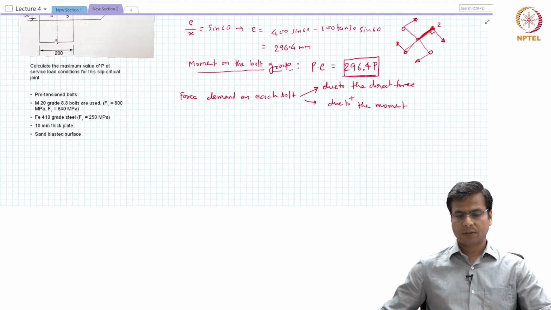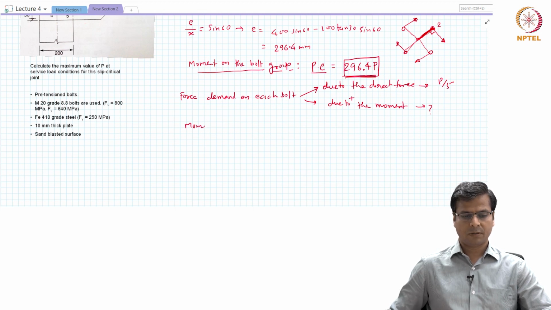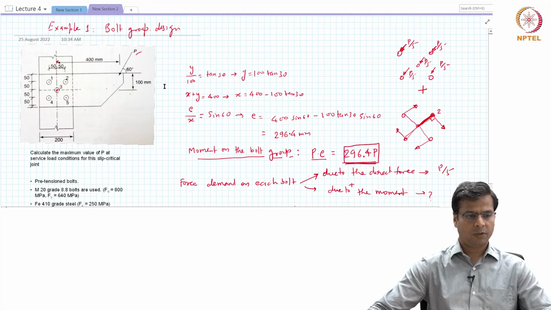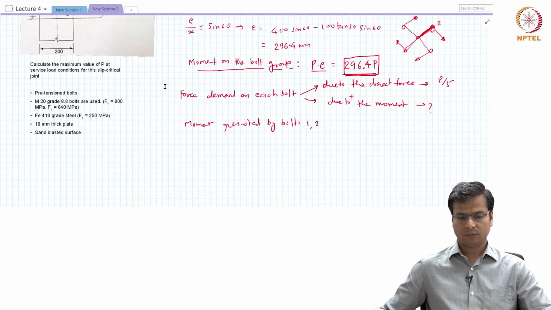Now we know how much is the force in each bolt due to the external load. That is P divided by 5. How much is the force in each bolt due to the external moment? So first we know the external moment, that is P multiplied by E. Now that moment has to be resisted. So moment resisted by bolts 1, 2, 4 and 5.